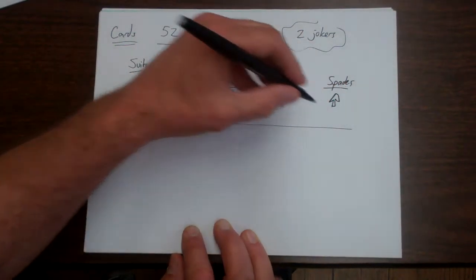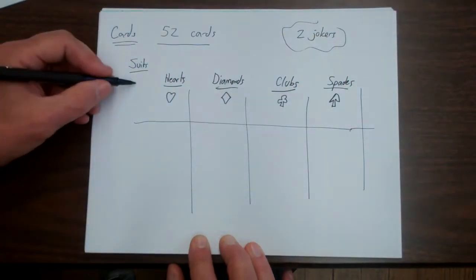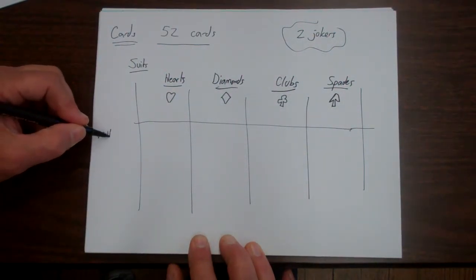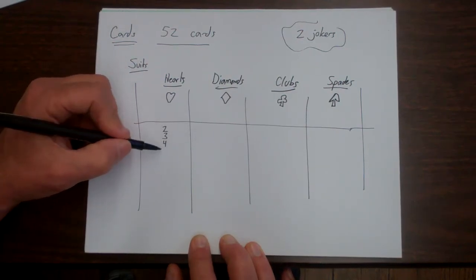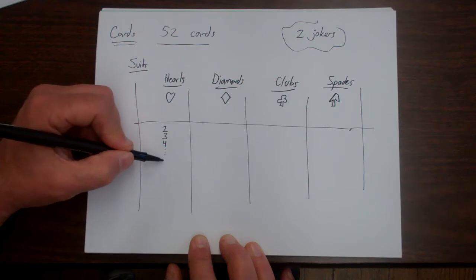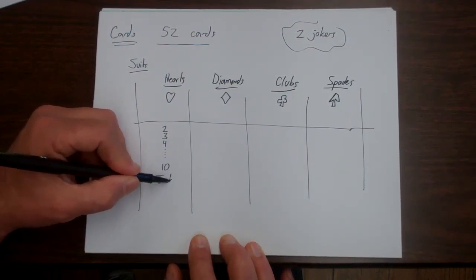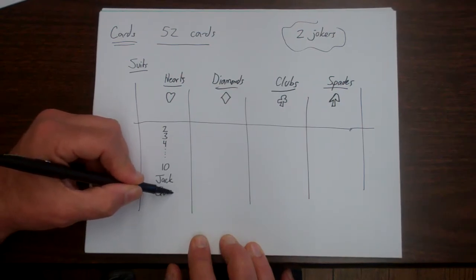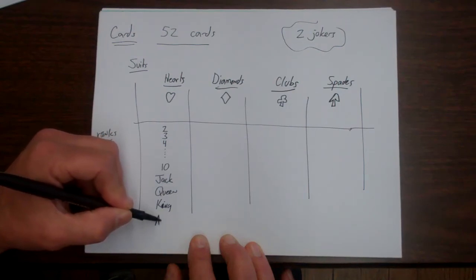Then, in addition to the suits, for each one of the suits, you have what are called ranks. Now, most people don't know that they're called ranks, but they know what they are. And the ranks start at 2, 3, 4, and they go all the way to 10. And then there's a jack, and then there's a queen, and then there's a king, and there's an ace.